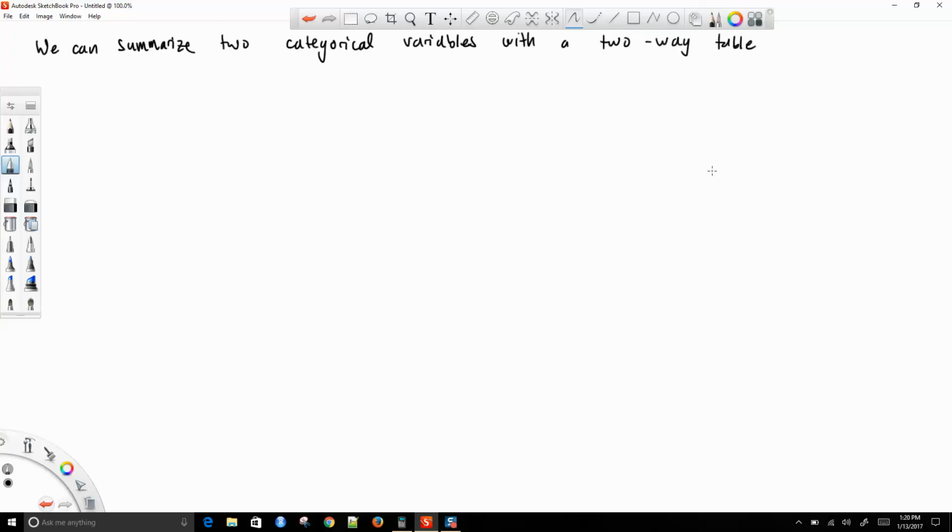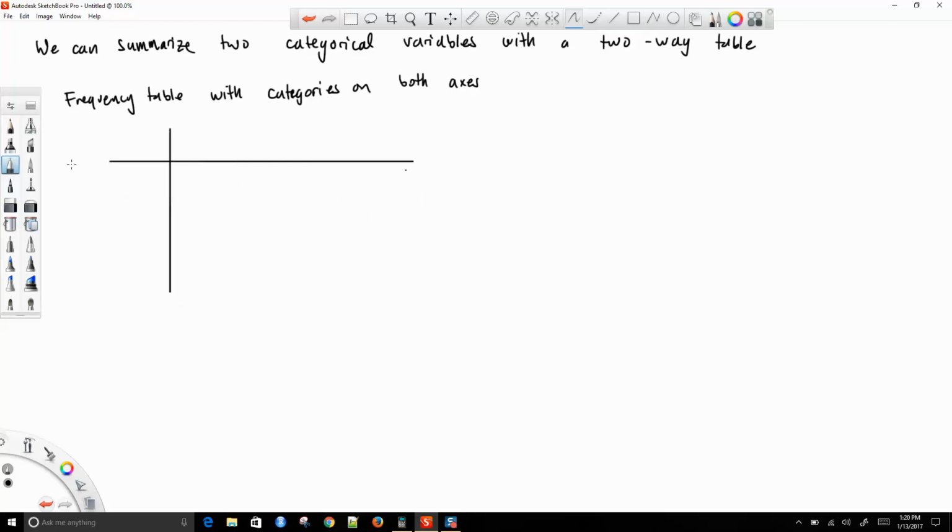Okay, in a two-way table, all that is, it's a frequency table, but with basically categories on both axes. So we would have make along one side, and we would list off Honda, Ford, Chevy, Toyota, BMW, other.